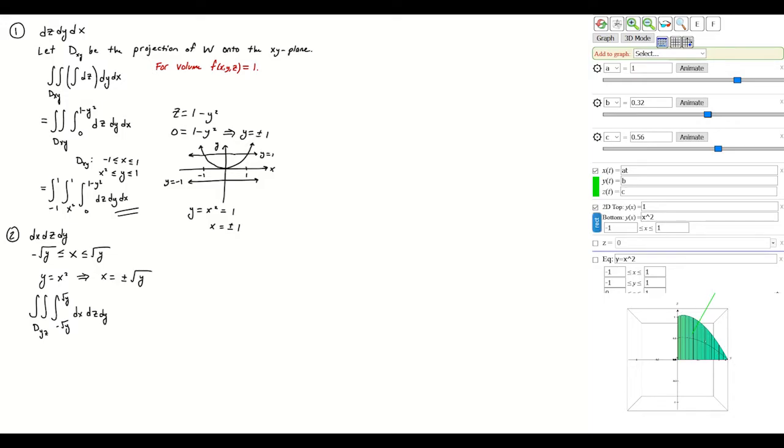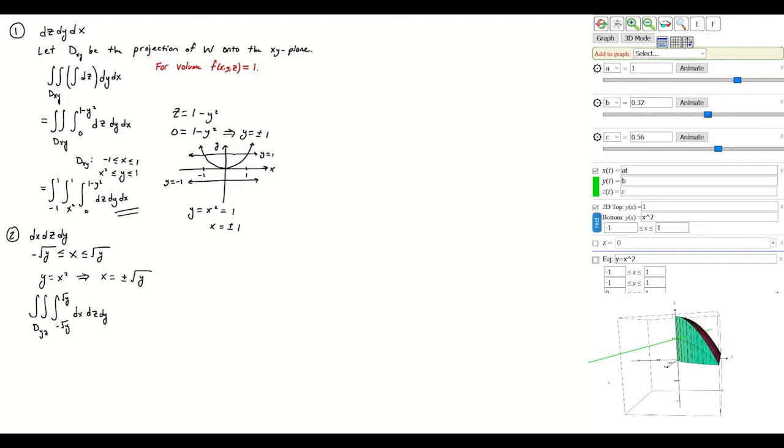So what is this green surface here? Well, it's the same surface that we had, y equals x squared, but we're projecting it down onto the yz plane.